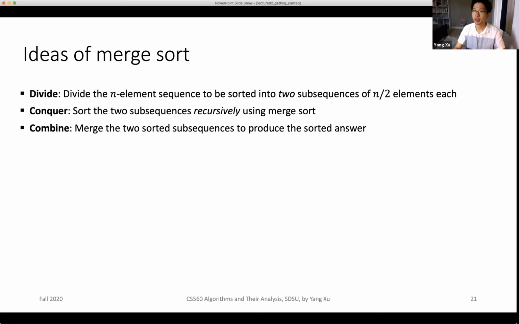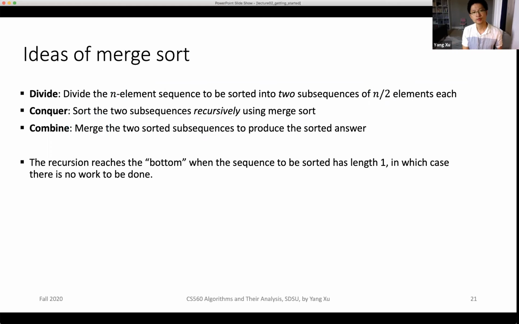There's a recursion happening here, in the conquer step. A recursion will reach the bottom when the sequence to be sorted has the minimal size. In the case of the sorting problem, if you want to sort a sequence of just one element, we don't need to think about it. If the input is just one element, then we simply return the element. We say that it's already sorted.